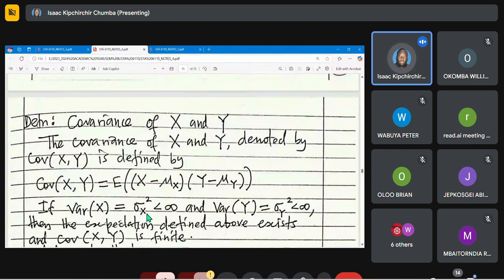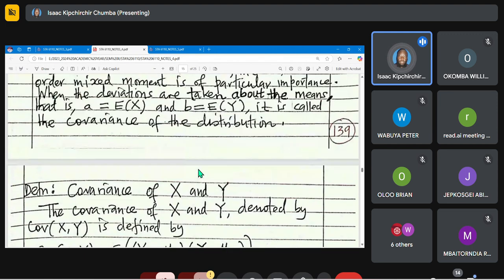Then we can now formally define what a covariance is. The covariance of X and Y, denoted by, we shall be calling it COV, the short form for covariance, COV of random variable X comma random variable Y. This is notation. Now, this is defined as given on the right-hand side, what we have just said here.